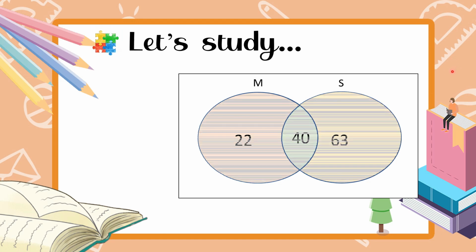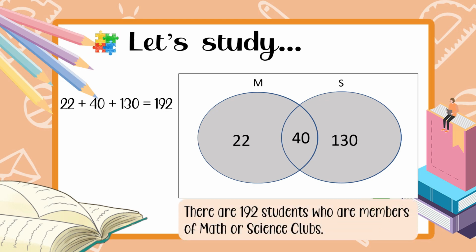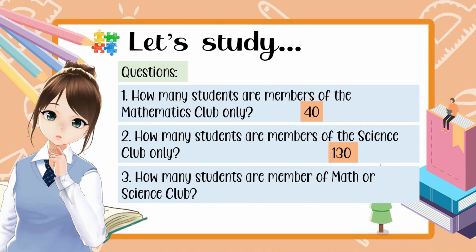So, we will have 22 plus 40 plus 130 and we will get 192. So, therefore, there are 192 students who are members of math or science clubs. Let us write our answer to the third question, 192.